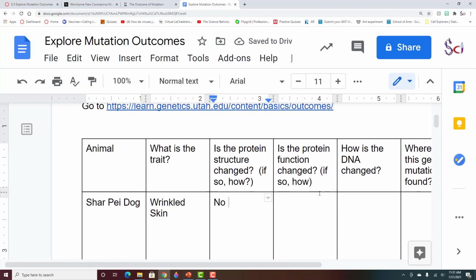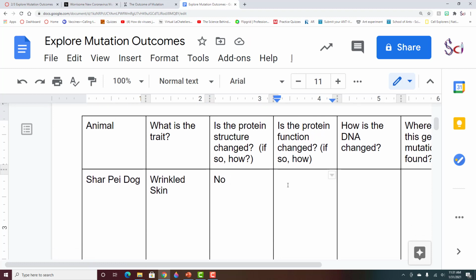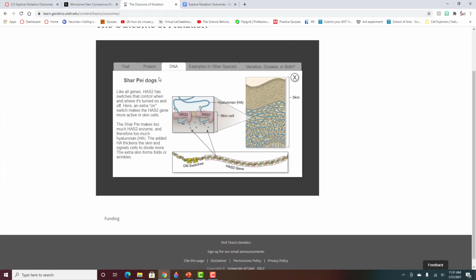And then, is the protein function changed? And I would put yes. The protein function is changed because more of it is being made. You have these extra on switches. So, extra on switch makes the HAS2 gene more active in skin cells.